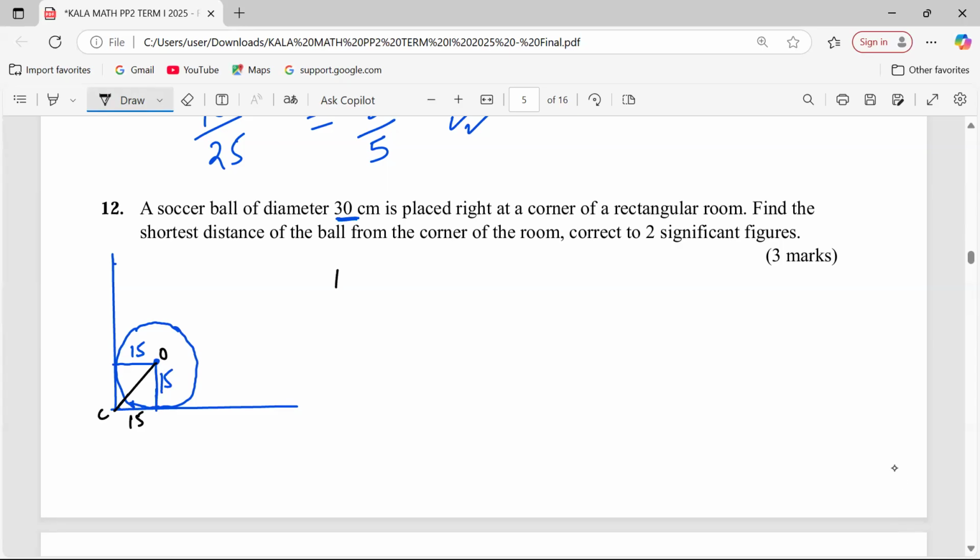So we'll talk about 15 squared plus 15 squared. We take the square root. 15 squared plus 15 squared, and we take the square root. This is going to be 21.21 centimeters.